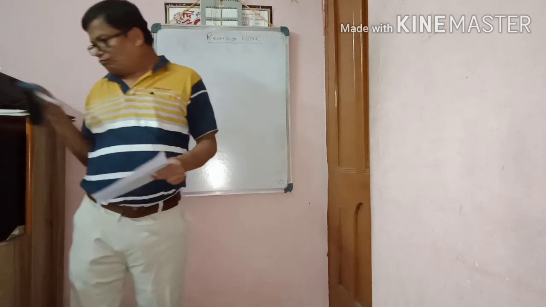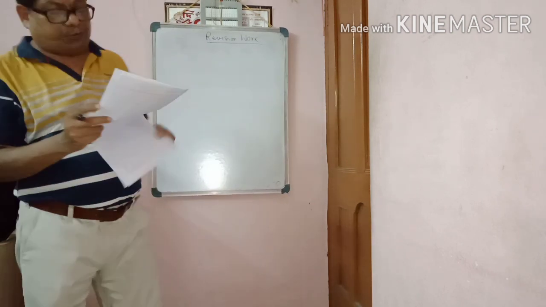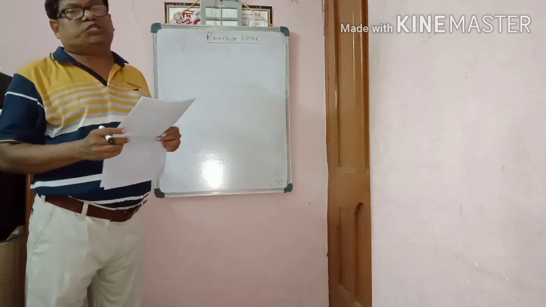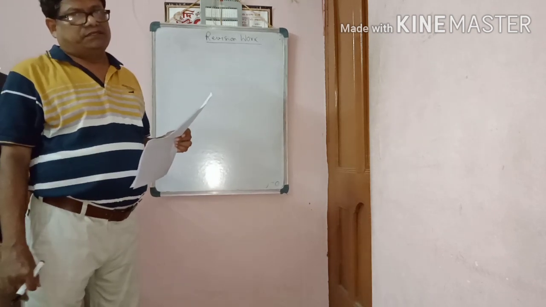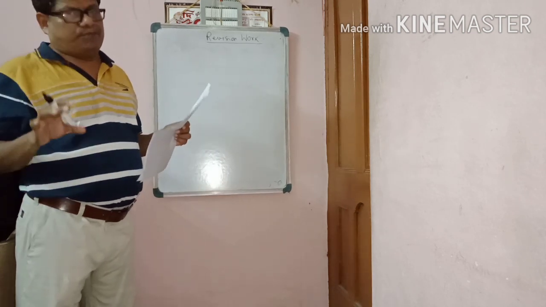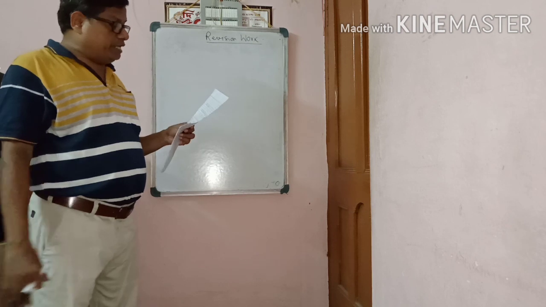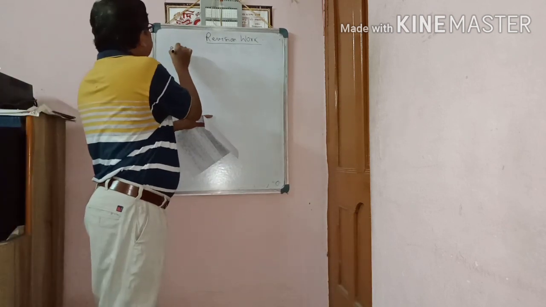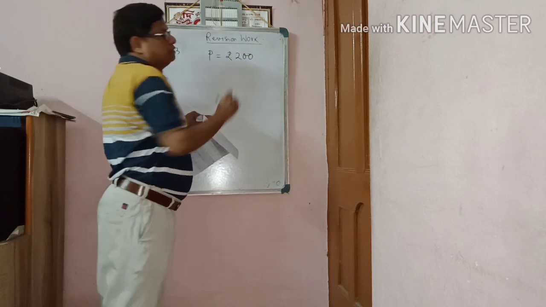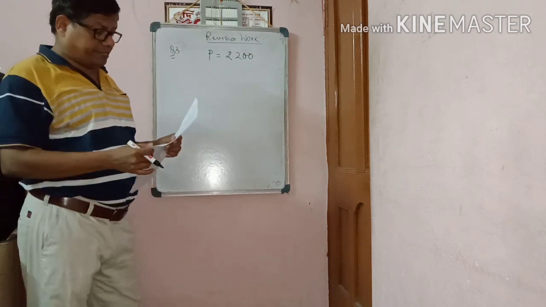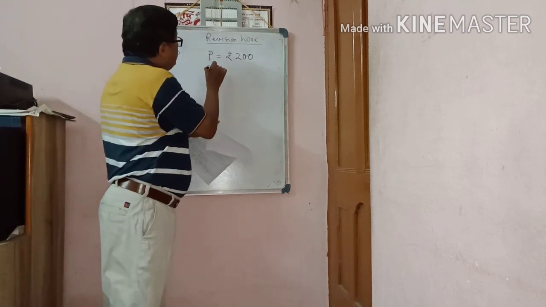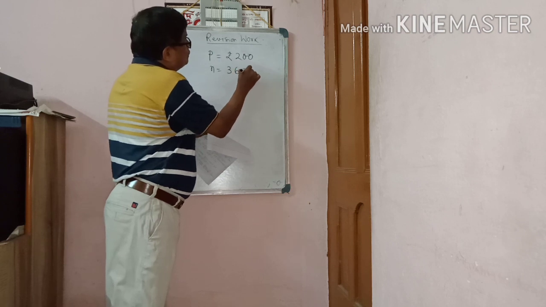Next, one recurring deposit sum. A person deposited rupees 200 per month. That means this is the principal, the monthly installment. So write question number 3. Write P rupees 200, the monthly installment, for 36 months, so N equals 36 months.